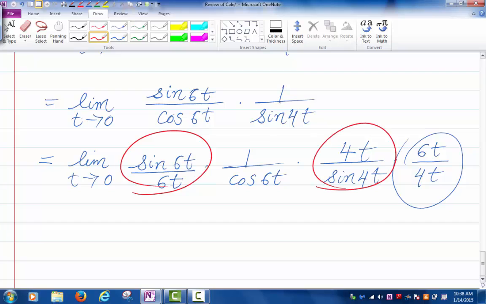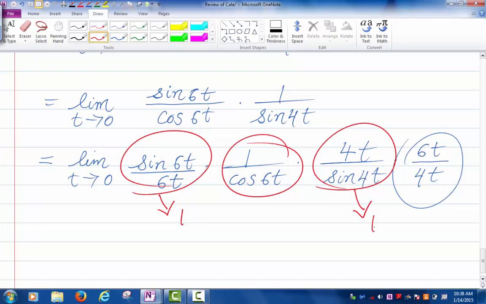Okay, so now what's the limit of this guy? What's the limit of this guy? This guy goes to 1 because the limit of sine theta over theta is 1 as theta goes to 0. So here the angle 6t, does it go to 0? Yeah, so 6t goes to 0. So sine 6t over 6t will go to 1. Same thing happens here.